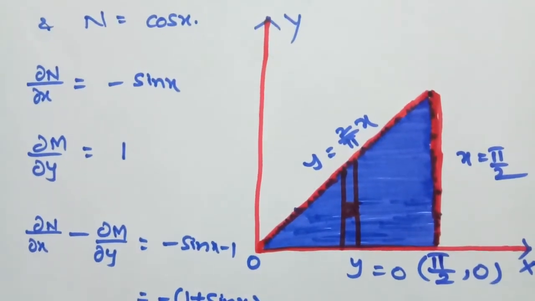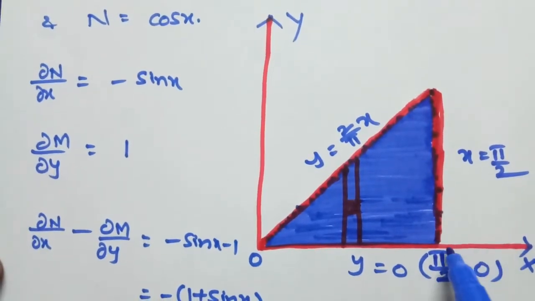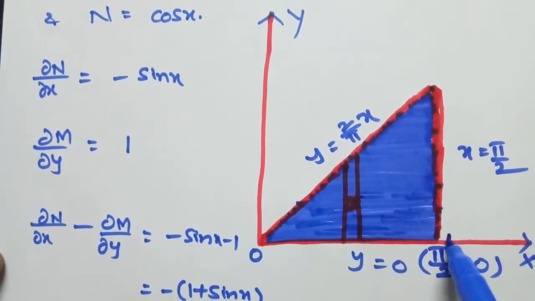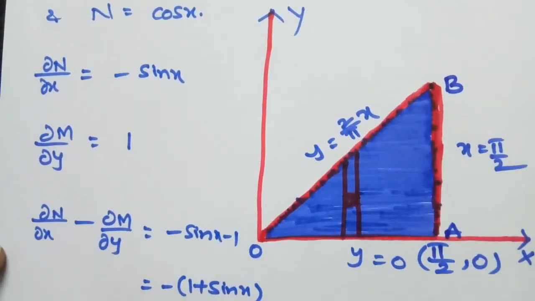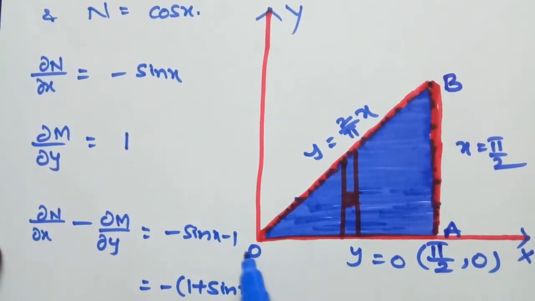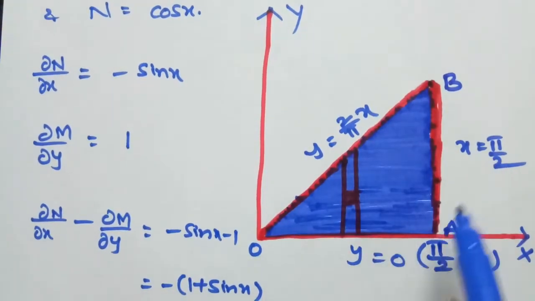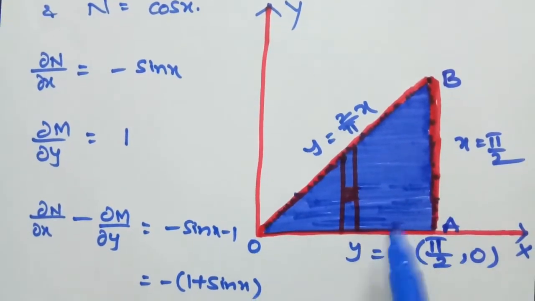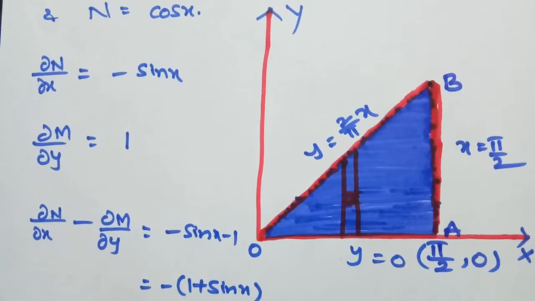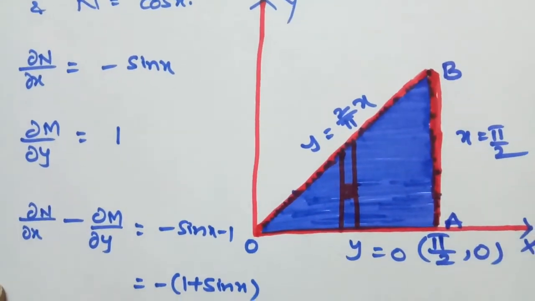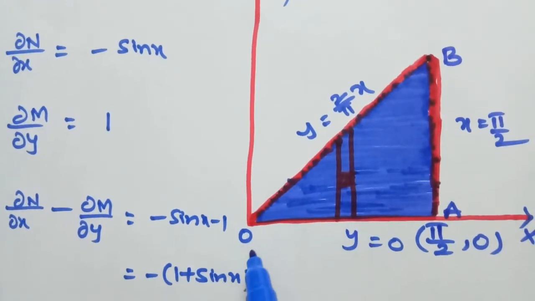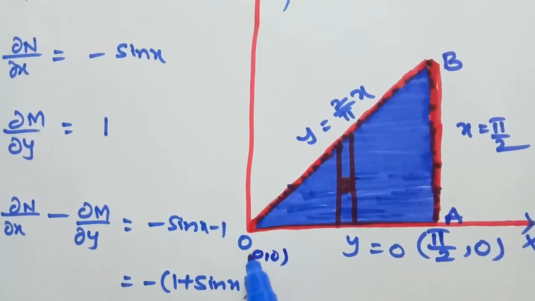So, vertical strip, lower strip lies on y equal to 0 and upper strip lies on y is equal to 2 pi by x. Here, this is the point A, this is the point B. So, this is the entire region of integration OAB, O is the origin (0, 0).